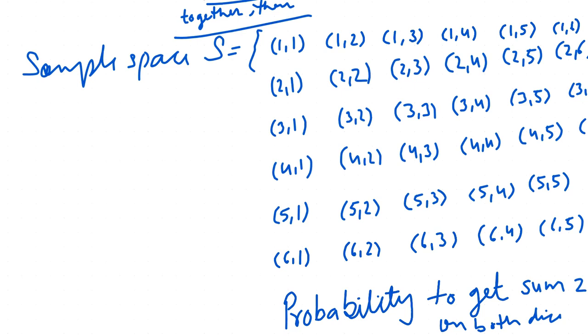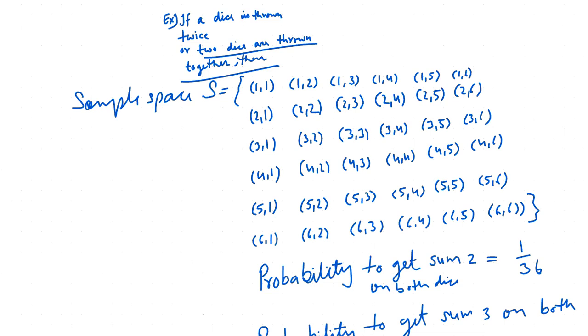To get number 4 is also an event. So in a random experiment, whatever we get, like in a toss of a coin, if we get heads, then to get heads is an event. Are you getting me? Yes, ma'am.